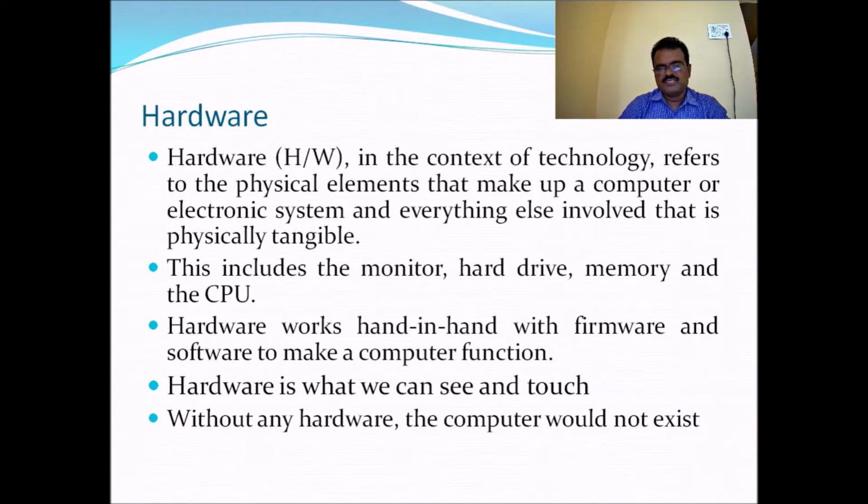Hardware we can always touch. We can see the parts and the components. Without any hardware, the computer would not exist. All the physical components of the computer are referred to as hardware, what we can see and touch.